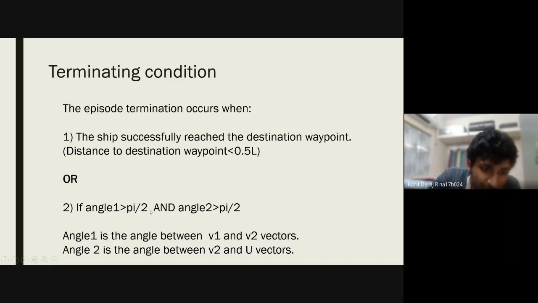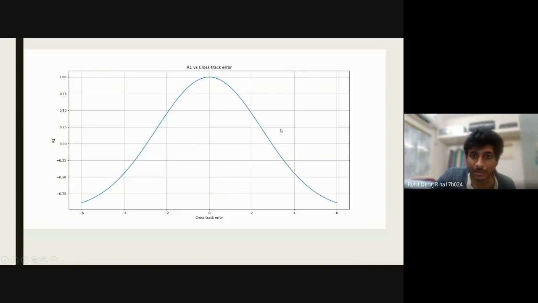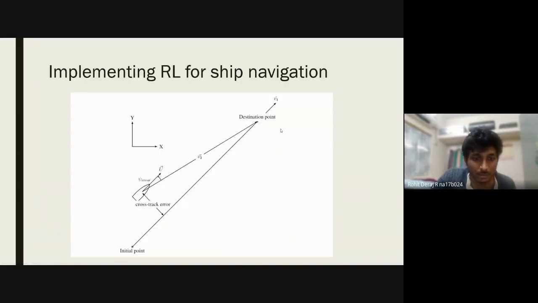For that, I'm using two angles, angle 1 and angle 2. Angle 1 is the angle between the v1 and v2 vectors that I showed you. I'll go back to the picture once again. So angle 1 is the angle between vectors v1 and v2.